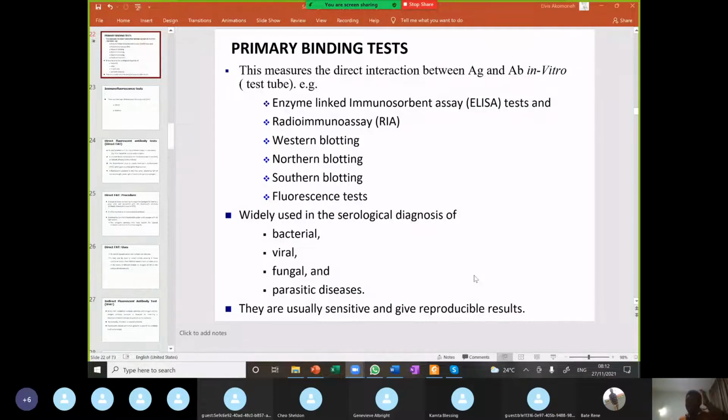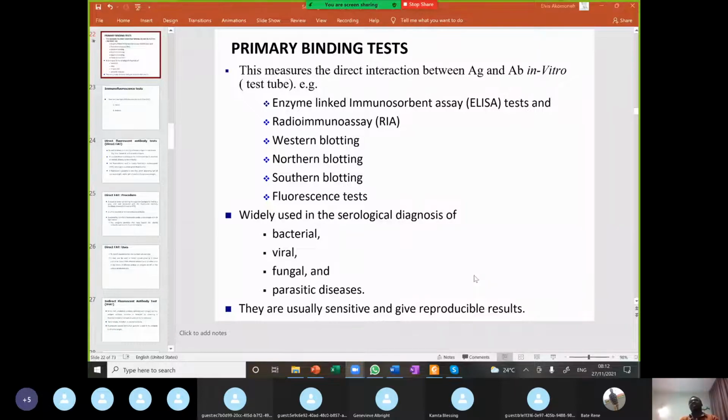A secondary test, on the other hand, measures the implication of this binding between antigen and antibodies. And this could be observed through what? Agglutination, precipitation, or complement fixation.